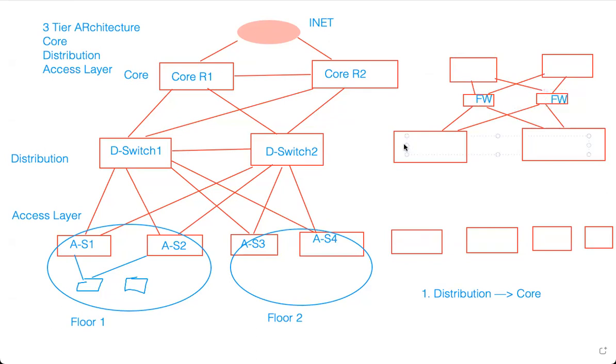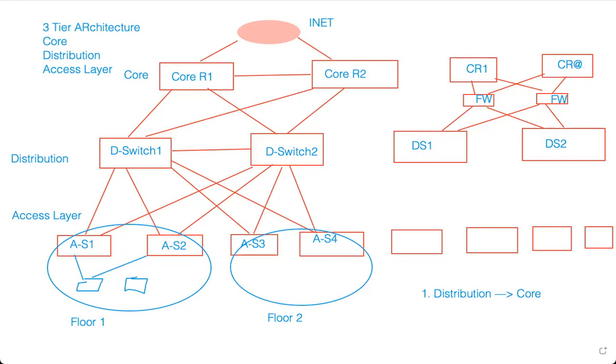This is distro switch 1, distribution switch 2. This is core router 1, core router 2, you get the idea.